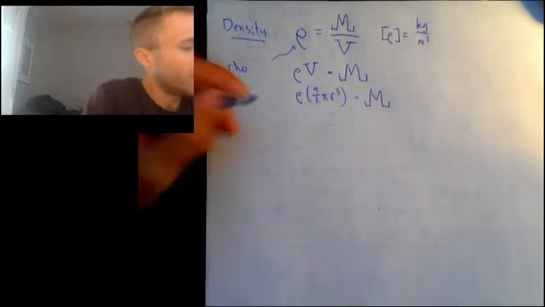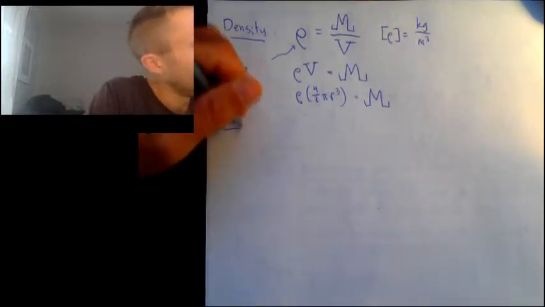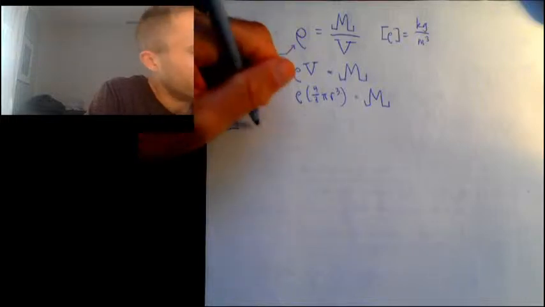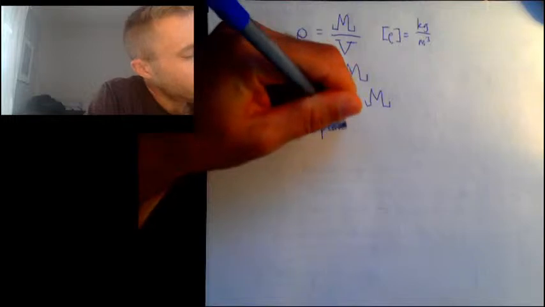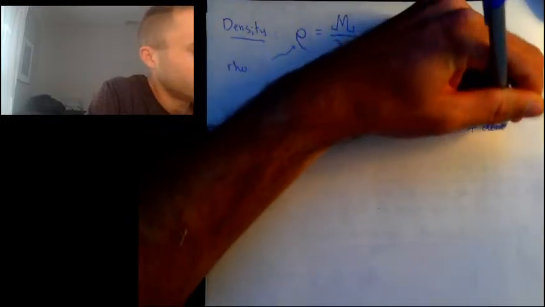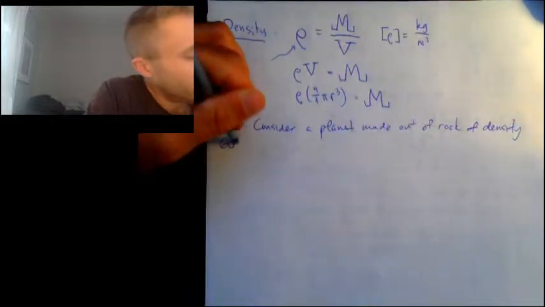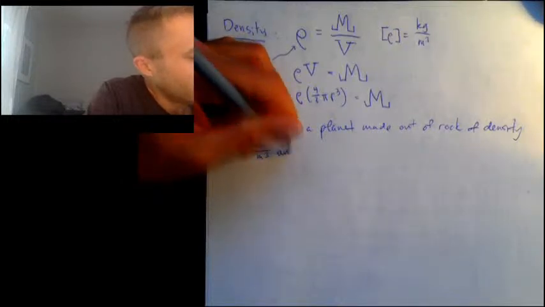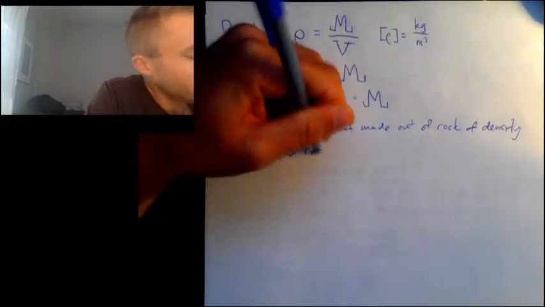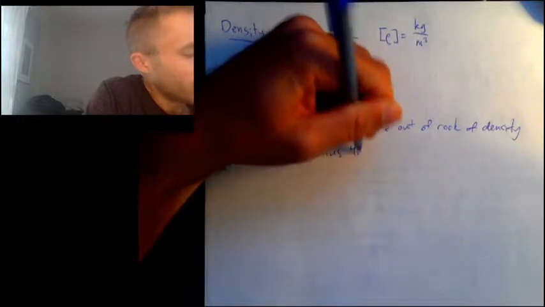Okay, so let's do an example. Consider a planet made of rock of density 6,000 kilograms per cubic meter and radius 4.4 times 10 to the 6th meters.